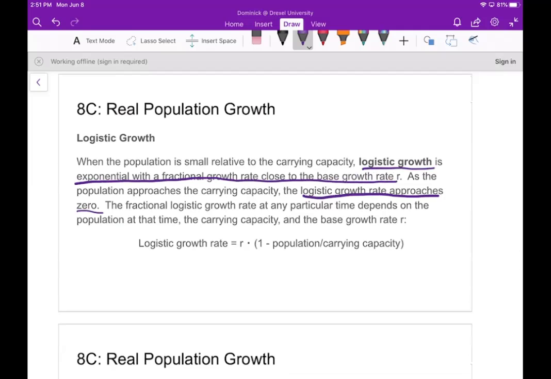The fractional logistic growth rate at any particular time depends on the population at that time, as well as the carrying capacity and the base growth rate R. We can base that on this logistic growth rate formula.